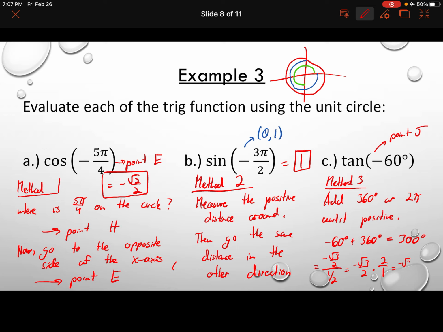So negative 2 radical 3 over 2. 2's cancel out. We're left with negative radical 3.